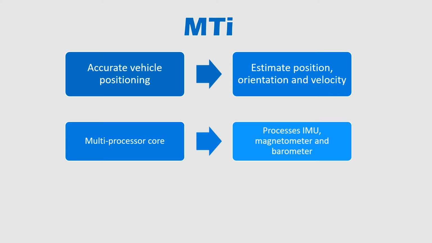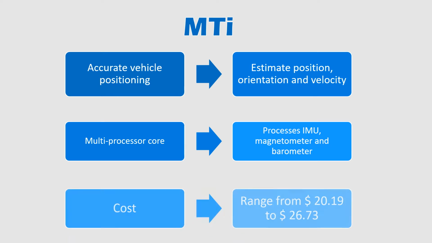It processes IMU, magnetometer, and barometer signals with extremely low latencies, and gives several outputs like calibrated 3D linear acceleration, rate of turn, magnetic field, and atmospheric pressure data, along with sensor fusion estimates of roll, pitch, and yaw.